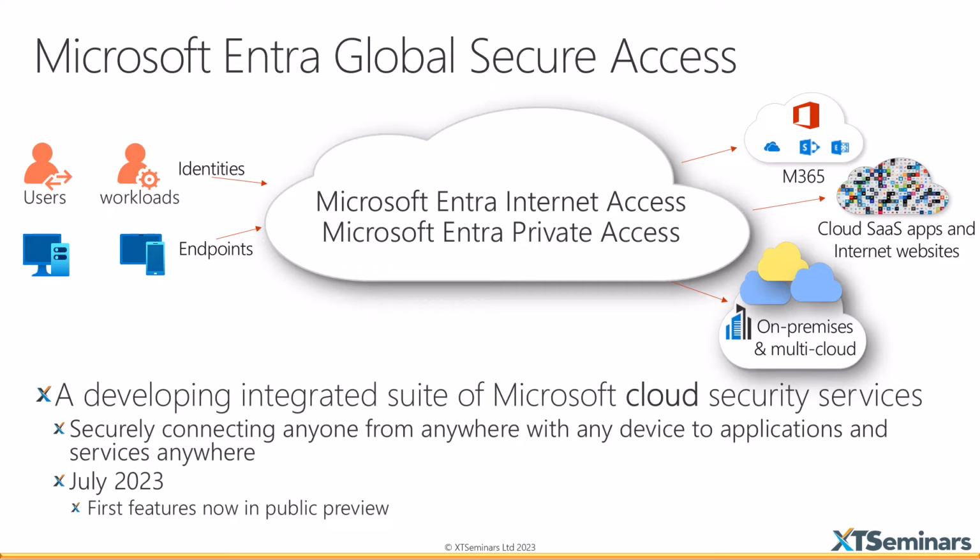And of course, doing this in a very secure way. In July 2023, well, in fact, it was yesterday, which was the 11th of July, the first features of this new service were released into public preview, which I'm really excited about.